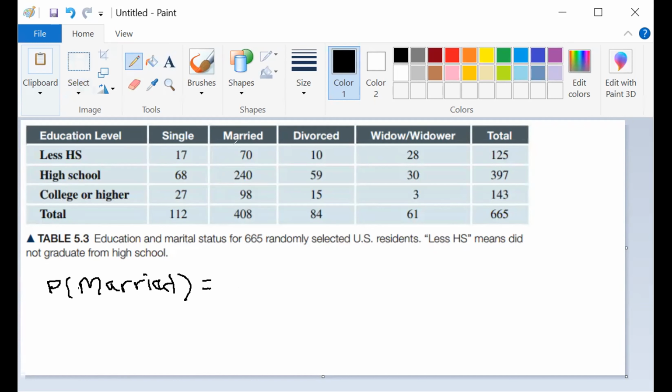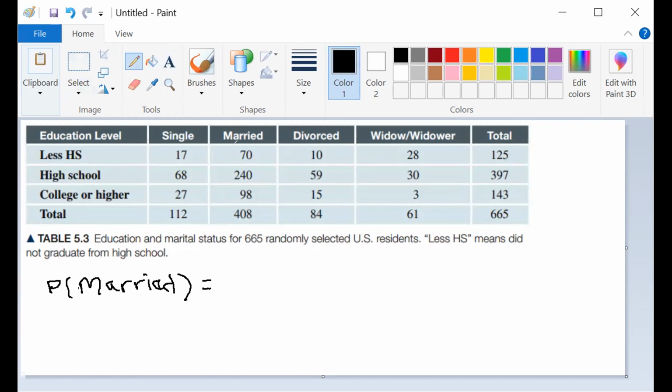So 70 people are married with less than high school, 240 high school, 98 college or higher, 408 total married. And how many total people are there in the sample space? 665. So to calculate the probability that people are married, you find all the married people and put them over all the people in the sample space.